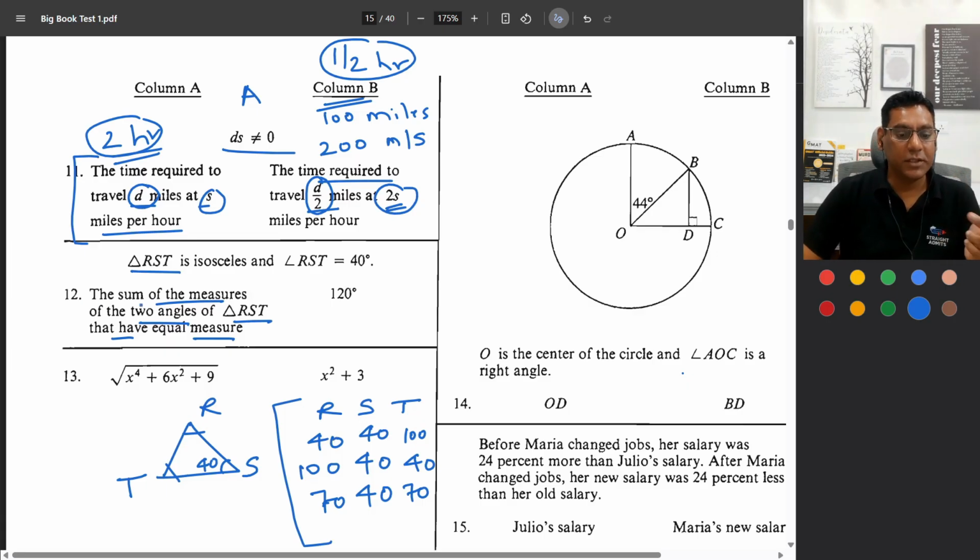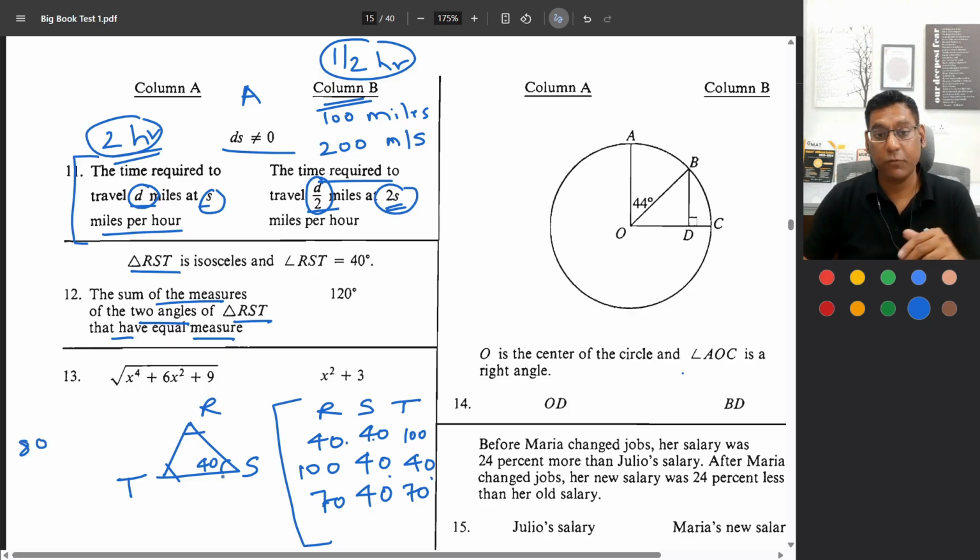Now let's look at the question. The sum of measures of two angles of RST that have equal measure. Here this is 40, 40, so the sum would be 80. In the other possibility again 40, 40, the sum would be 80. But in the third possibility, which is a tricky one, the sum is 70 plus 70, 140.